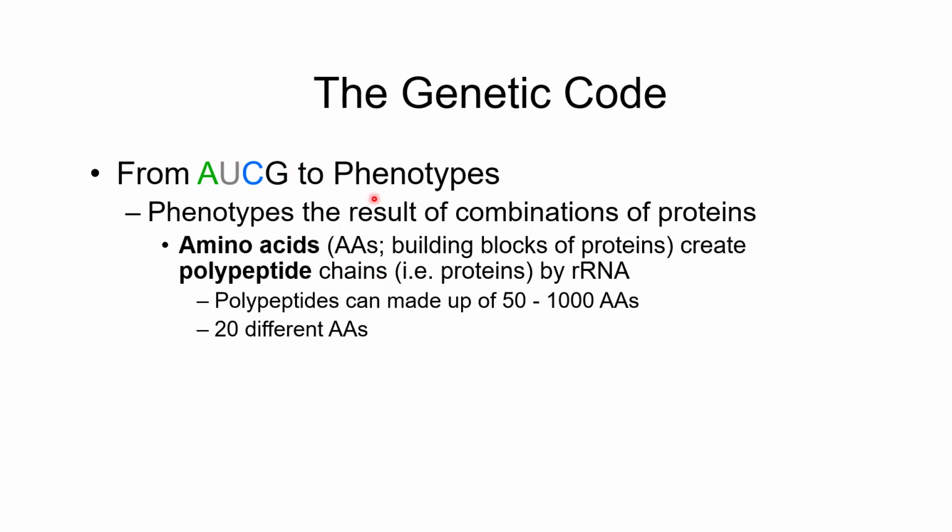The phenotype is what gets expressed, what we see, and that phenotype is made up of our proteins, right? However we create those proteins, the combination of those proteins is going to yield the expressed trait. Okay, so amino acids are the building blocks of proteins, and they create polypeptide chains.